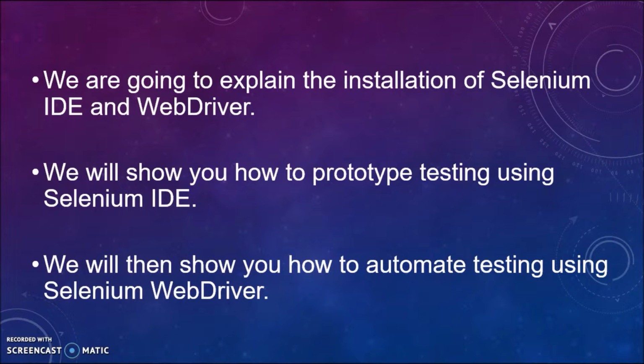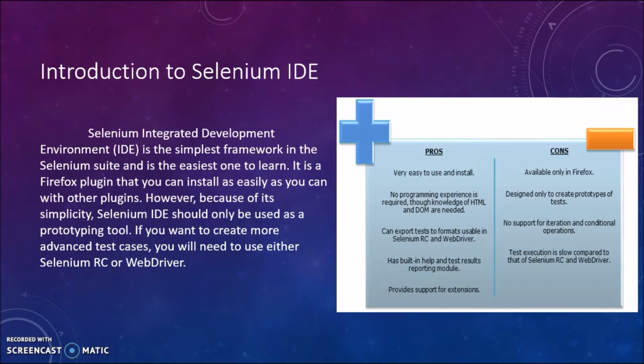Then we'll show you how to prototype testing using Selenium IDE on a web application. Then we are going to automate a test case using Selenium WebDriver. So we'll get an idea how to automate testing on any website using this tool.